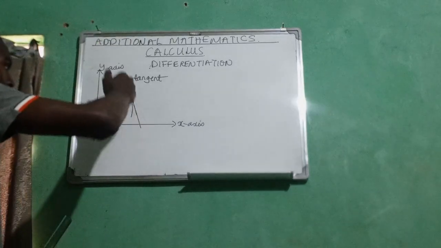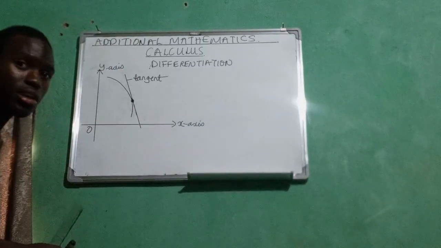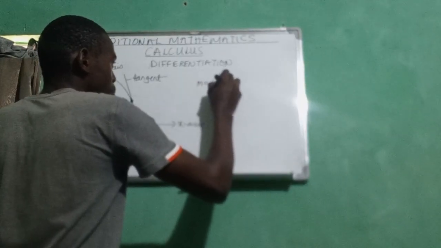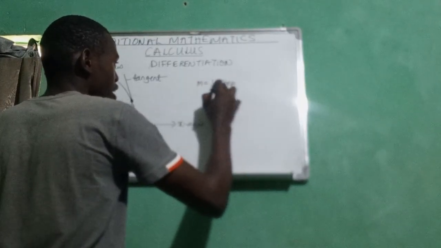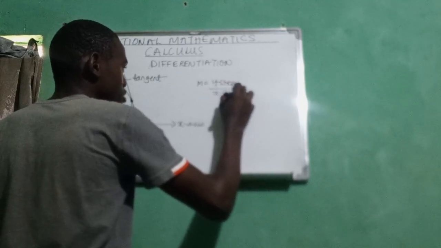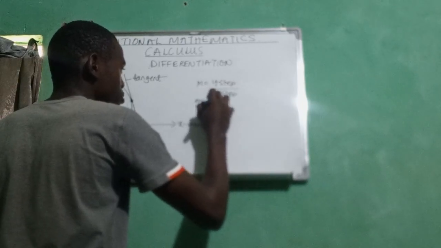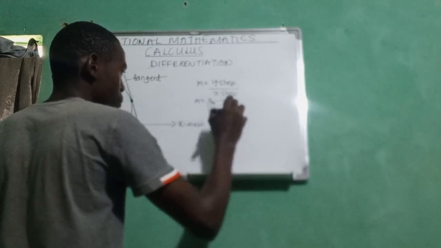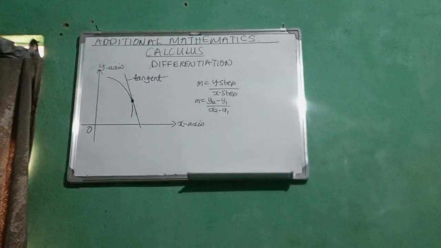So if you find the gradient of this tangent line, using the gradient formula, m is equal to the y step over the x step, which simply means m is equal to the y over the x part, like that.